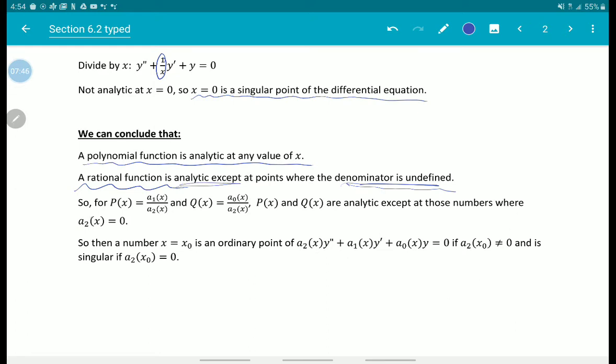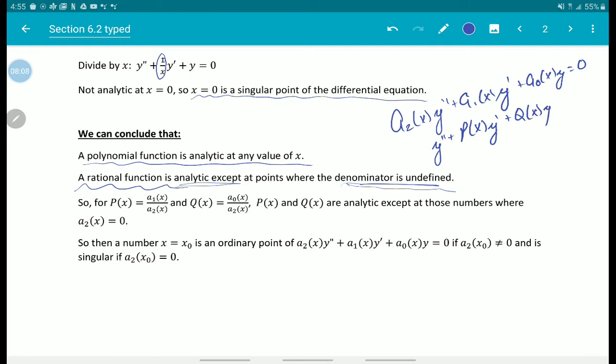So if we are taking this differential equation and we're dividing everything by a2 of x to get this, then p of x is going to be a1 of x over a2 of x.